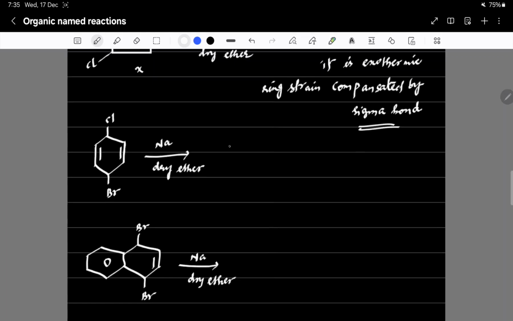Now look at the example, students. Here also it will form radicals. This is the radical and this is the radical. This radical will form, first it will be Dewar benzene, right?